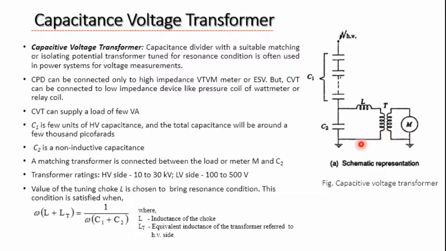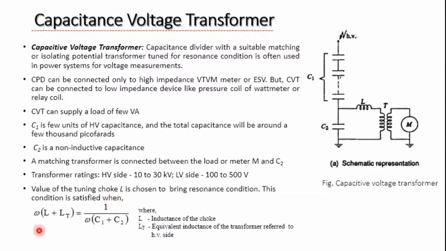Generally the transformer rating will be 10 to 30 kV on the high voltage side, and 100 to 500 volts on the low voltage side. So these are the rating values of the transformer that we can use. Then, because it is subjected to C2, L and the transformer, the value of the tuning choke coil L is chosen to bring the resonance condition.